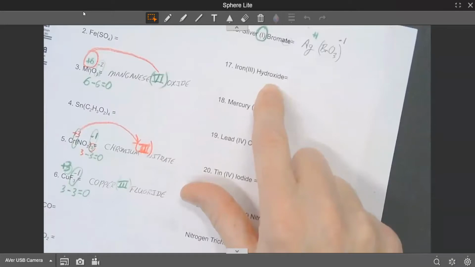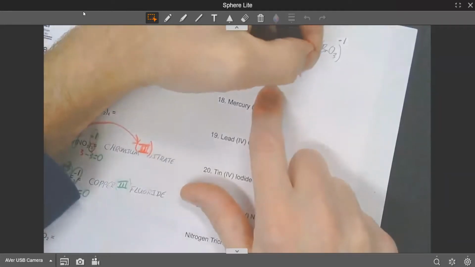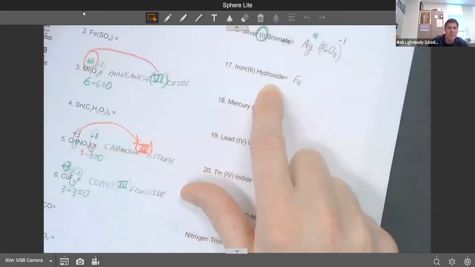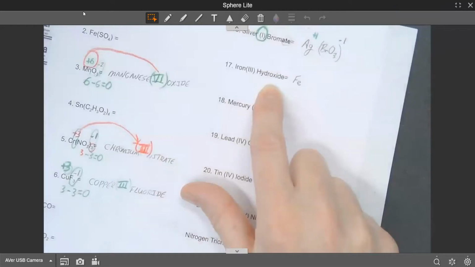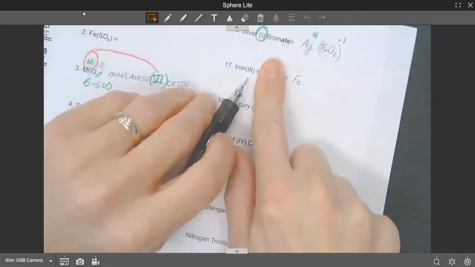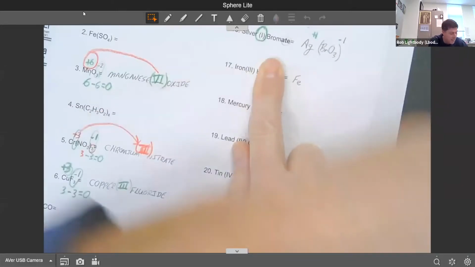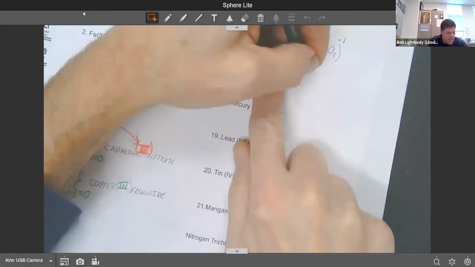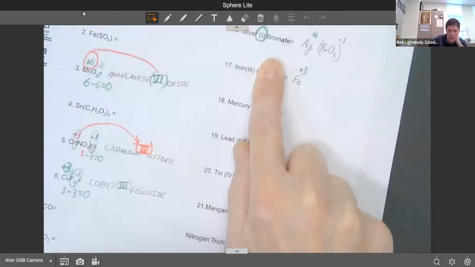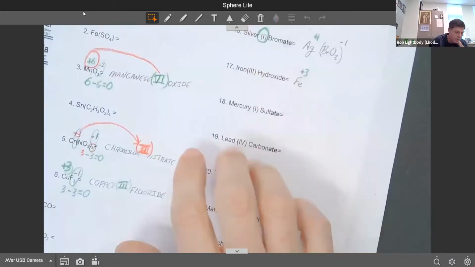Fe. Fe, great. Can you tell me anything else about the Fe? +3 charge, because the Roman numeral always applies to what's in front of it. Now, there's a mistake I expect to happen because it always does around here. Some people make it, some people don't.